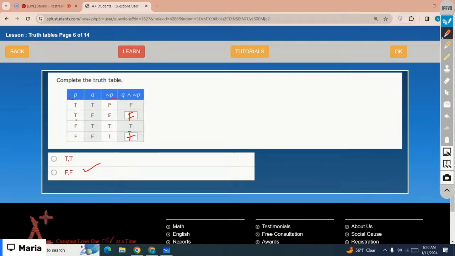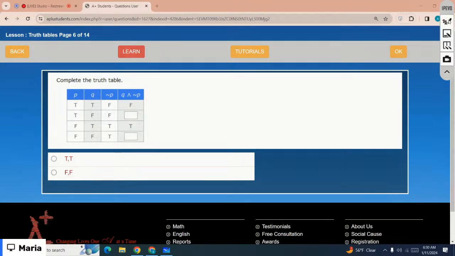So both the values are false and false. The correct option is false and false, right?